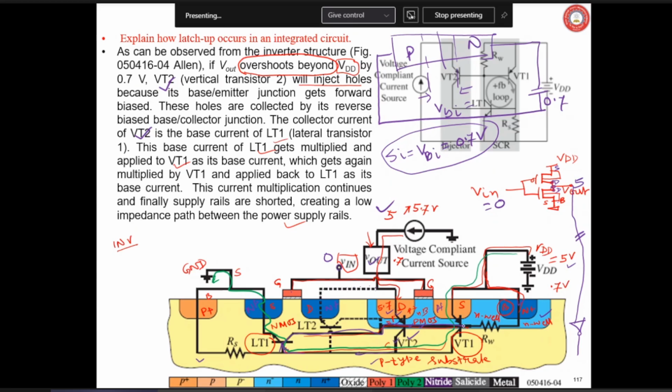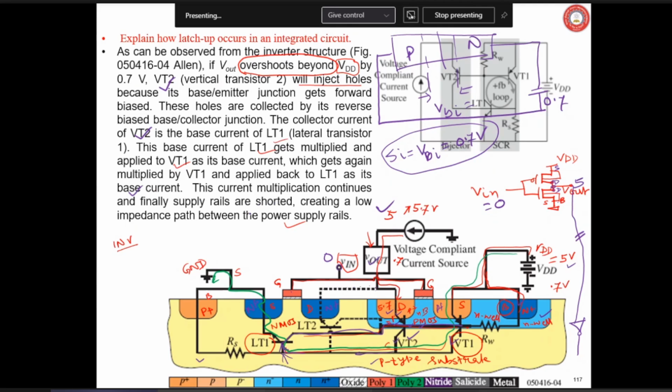Again it's multiplied, or amplified. Then again the collector current is getting multiplied, and it comes back to LT1. So this multiplication process continues. This base current of LT1 gets multiplied and applied to VT1 as its base current, which gets again multiplied by VT1 and applied back to LT1 as its base current.